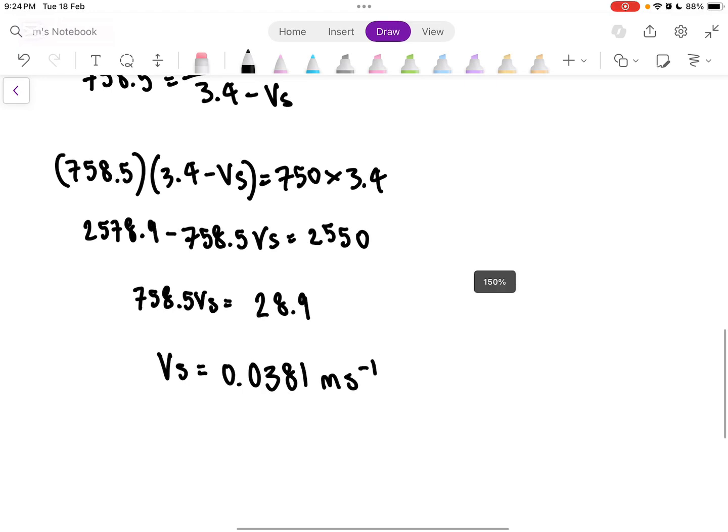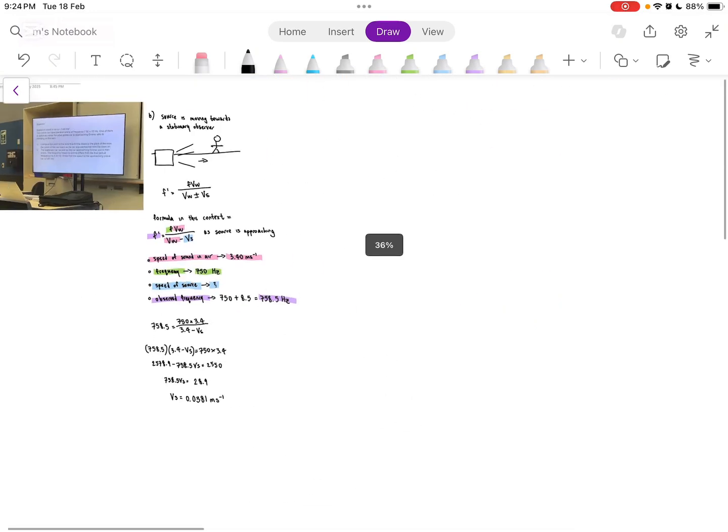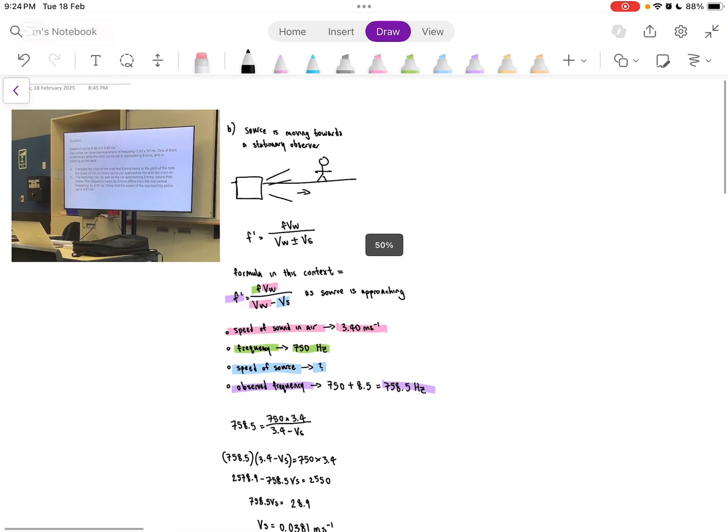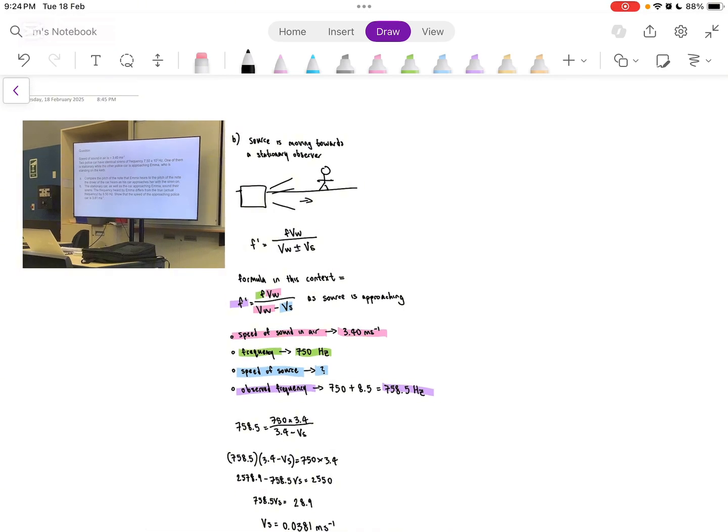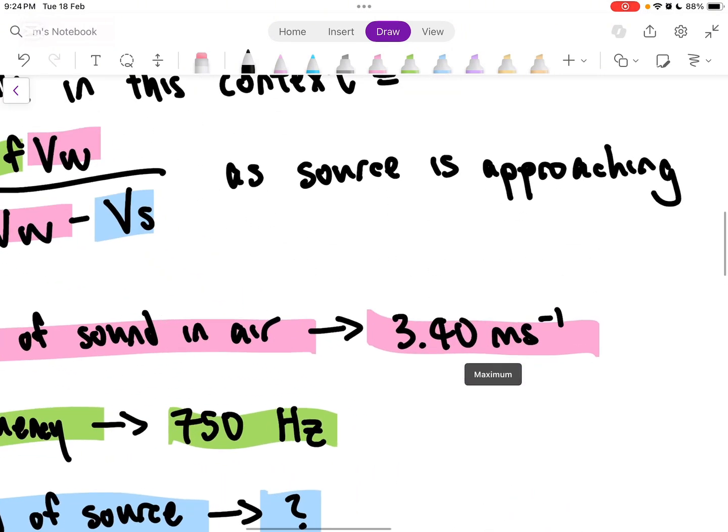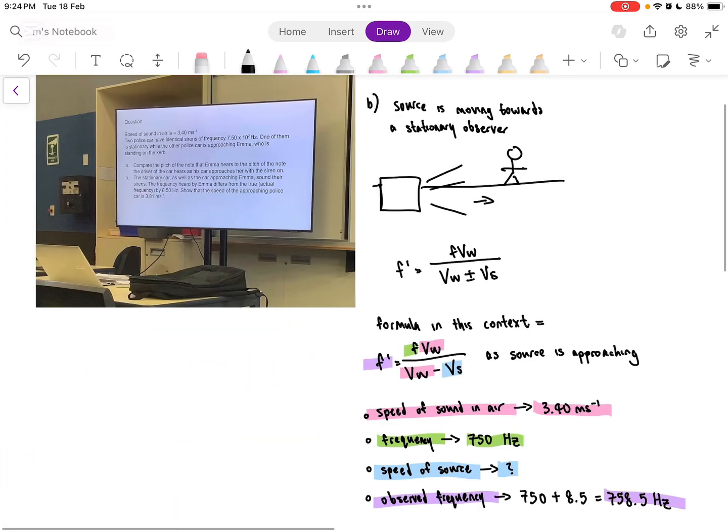Okay, wait, I actually want to know where I didn't convert something. It probably was the meters per second, actually, because 3.8 meters per second makes no sense.